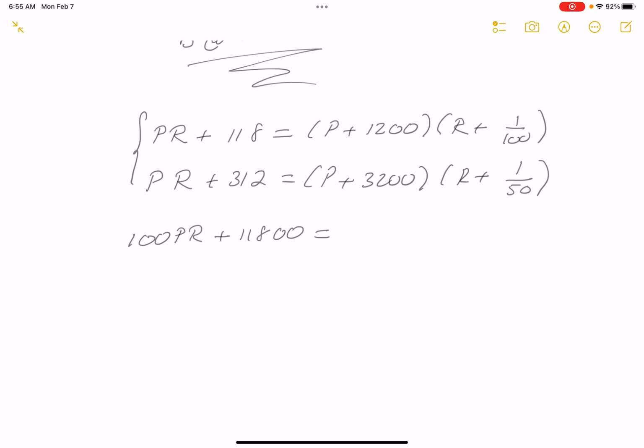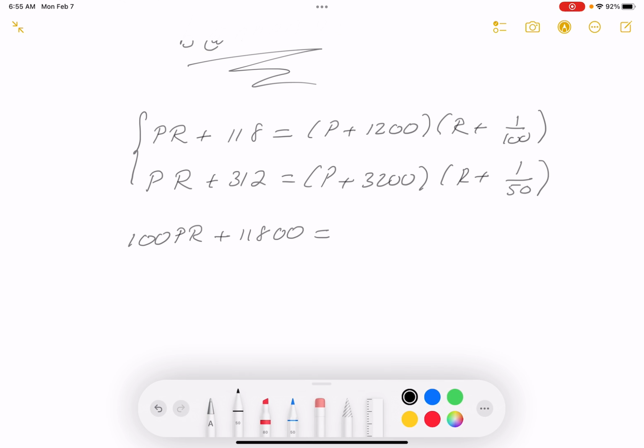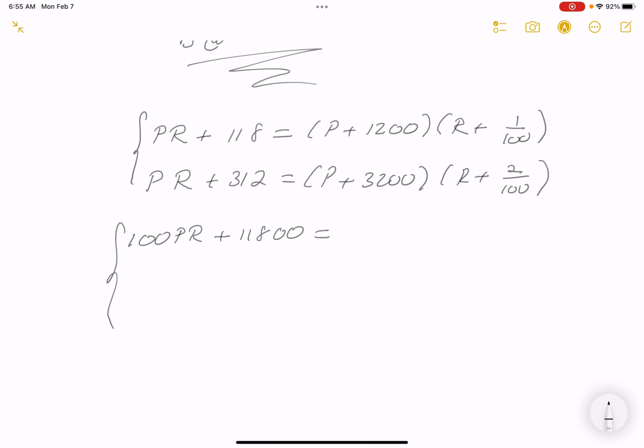I'm going to go back to that 100 because it's a lot easier for you to multiply. I'm changing my mind in this, and I'm going to put down 2 over 100 instead. All right, let me continue. I'm multiplying by 100, and I'm going to associate it with the second factor. And that's going to be P plus 1200, and then you're going to get 100R plus 1.